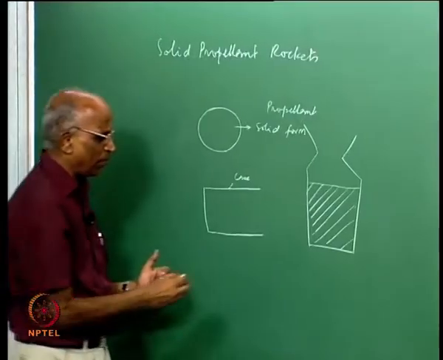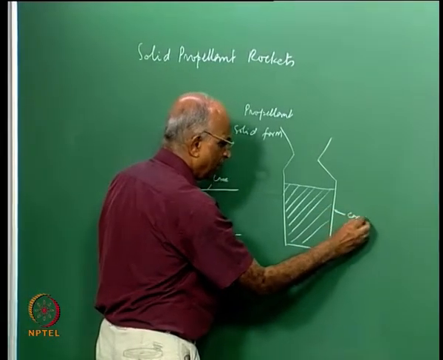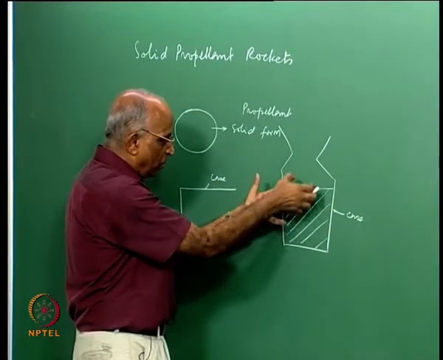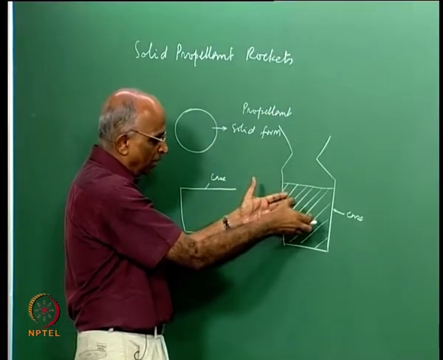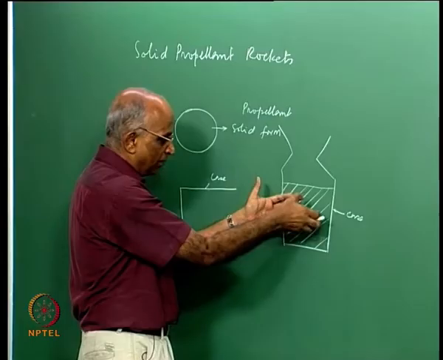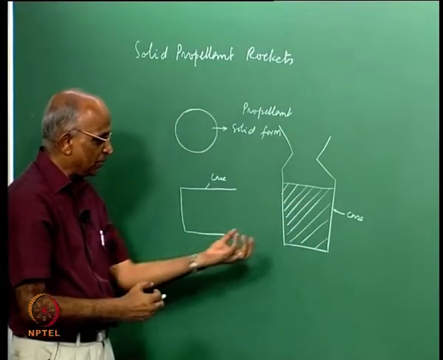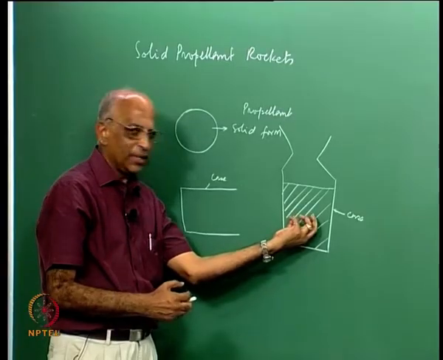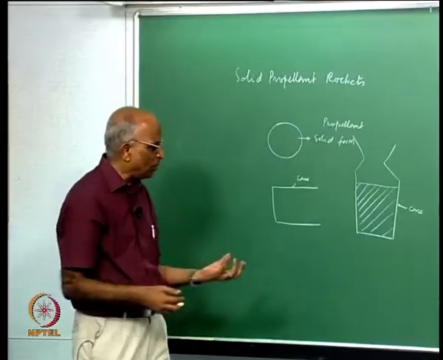Therefore, in a solid propellant rocket I have something like a structural member which is a case in which I pour the slurry of the mixture, maybe a composite slurry consisting of the binder, maybe the ammonium perchlorate and aluminum. Then I take it into a furnace, I make sure I cure it at a temperature between 70 to 200 depending on the composition.